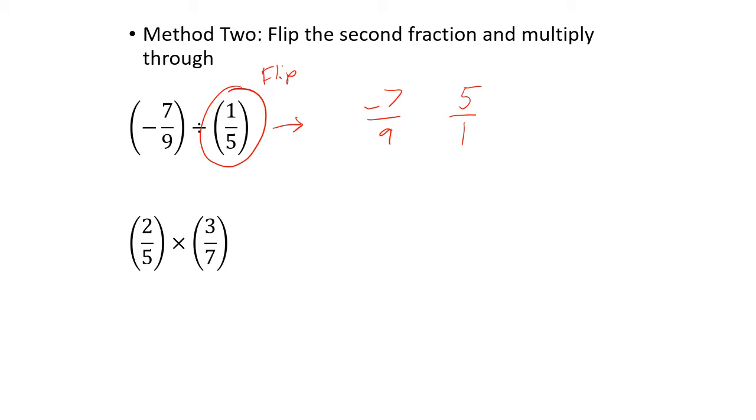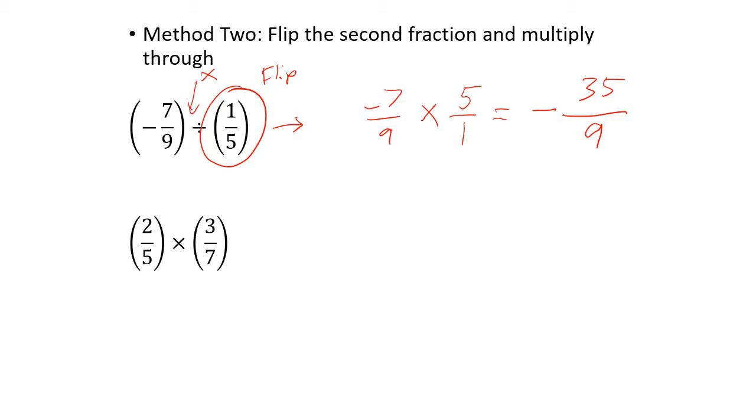And then if I flip that, I turn it into a times. So this is my new question. It's a negative number times a positive number, so we know that it's going to be a negative answer. 7 times 5 is 35. 9 times 1 is 9.